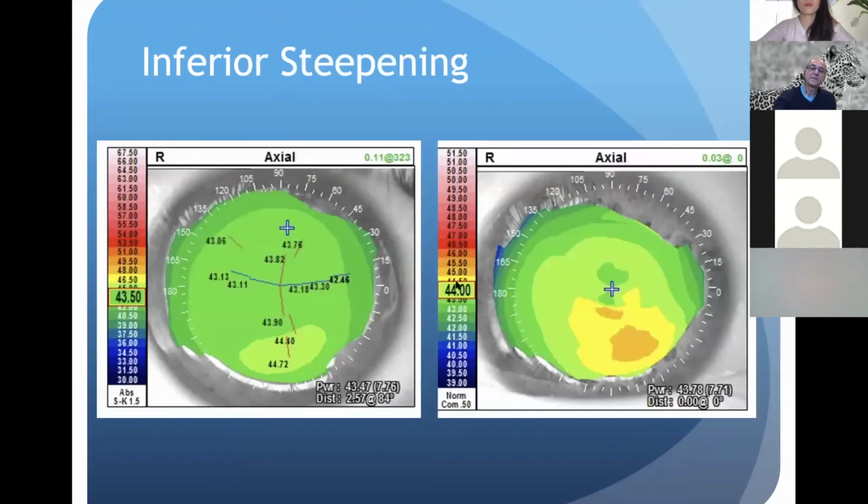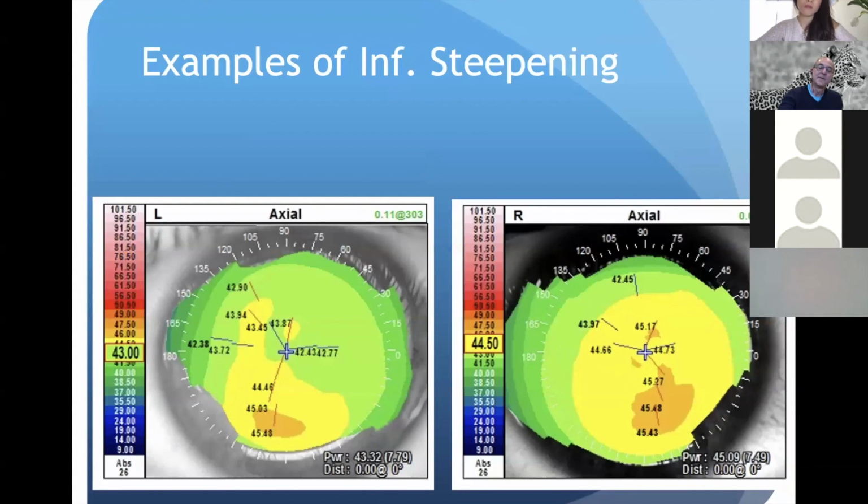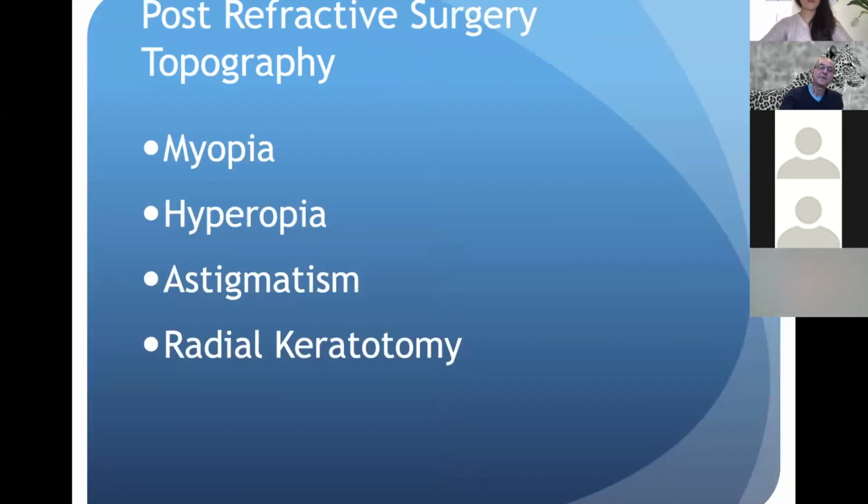And here's an example showing some inferior steepening. And of course, look at the scale. In order to highlight that, I had to change the scale to half a diopter. With the 1.5 diopter scale, it doesn't show up nearly as obviously. And here's another example of inferior steepening.